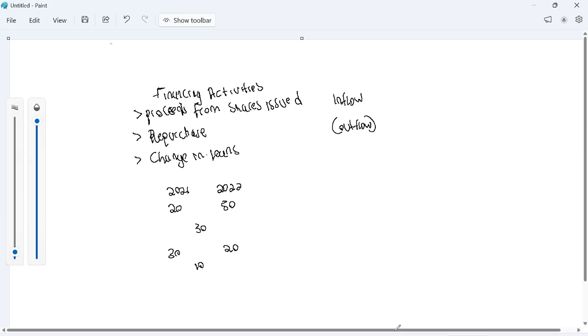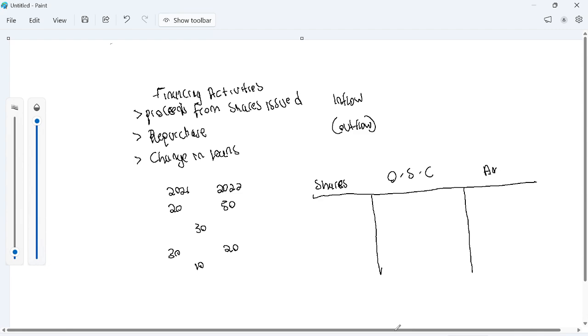But let's forget about that now. When we're dealing with proceeds from shares issued, we're focusing on the additional shares that were issued during the year. Always focus on your ordinary share capital note. It's like this: we have number of shares, and here we have amount.